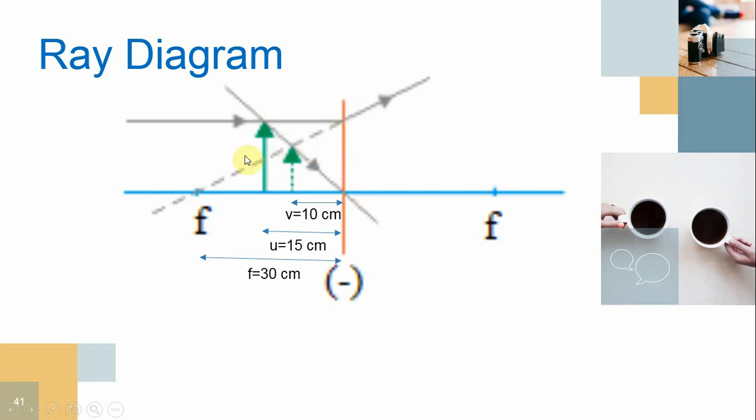The two rays meet there. The image is formed above the principal axis, so the image is virtual and erect, and the distance between the image and the optical center is v, that means v is equal to 10 centimeter.